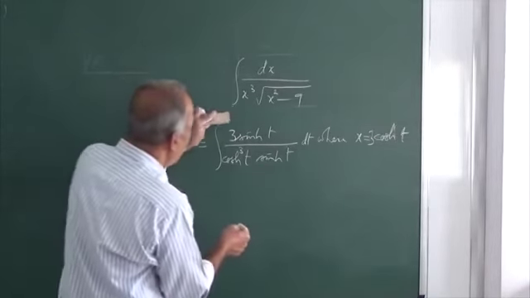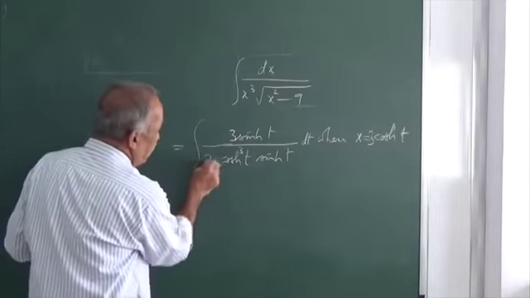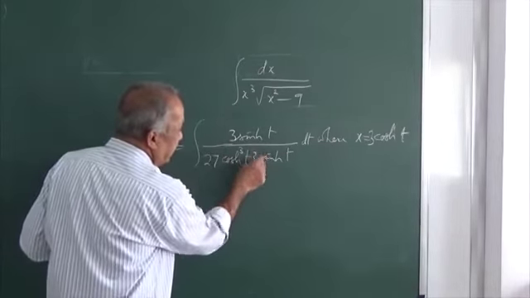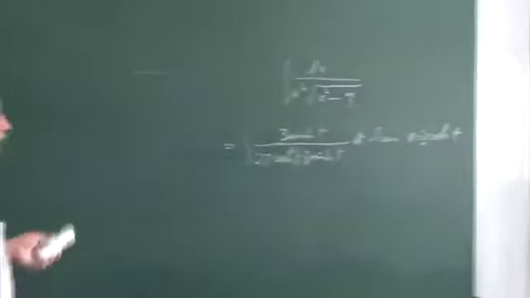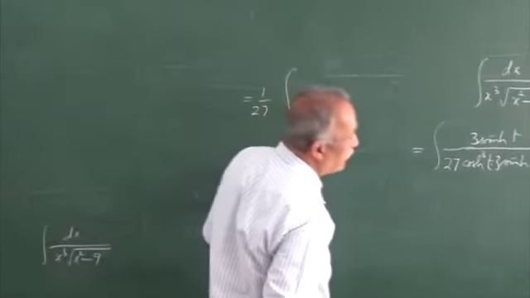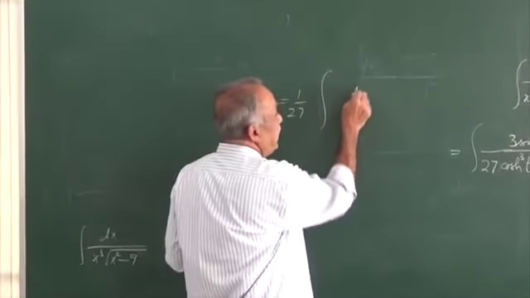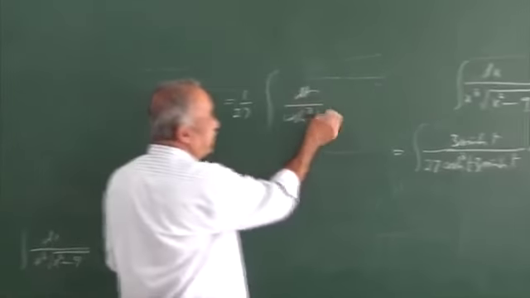So there are extra coefficients both in numerator and denominator, with this 27, with this another 3. Correct? Now it's okay. And this is 1/27 of dt by cos hyperbolic cube t.